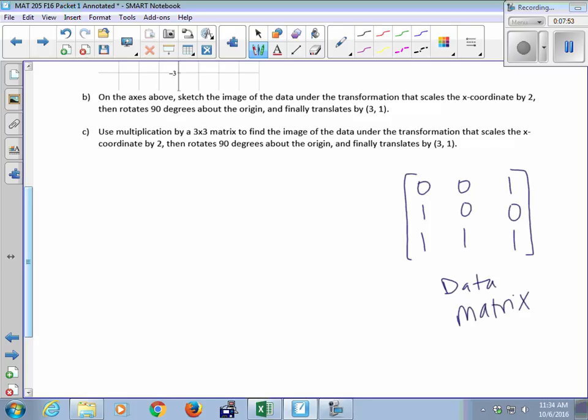And this is a little weird. We kind of work right to left, where we do each transformation multiplied on the left of the data. So my next matrix is going to be the one that scales the x-coordinates by 2.